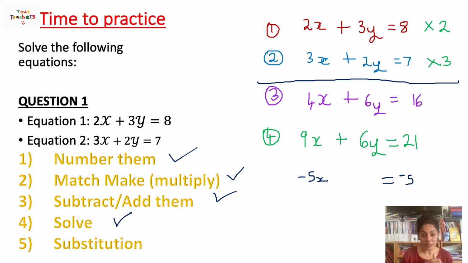Now you should know this by now. To get that x on its own, I need to divide it by minus 5, and I'm going to divide it here by minus 5.